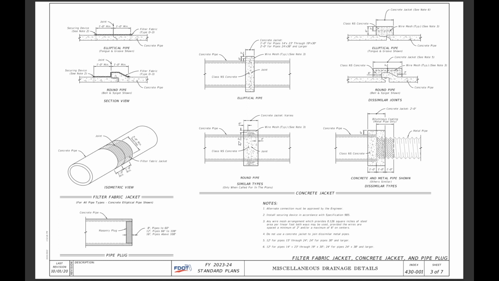And a concrete jacket, it looks like here, is 3 inches above the lip of one of the pipes. But if you look at the design, that basically puts it at 6 inches. So what we'll be doing is offsetting that circle that we have so that it is equivalent to the outside of the jacket that we're going to be building. So it'll need to be offset 6 inches.